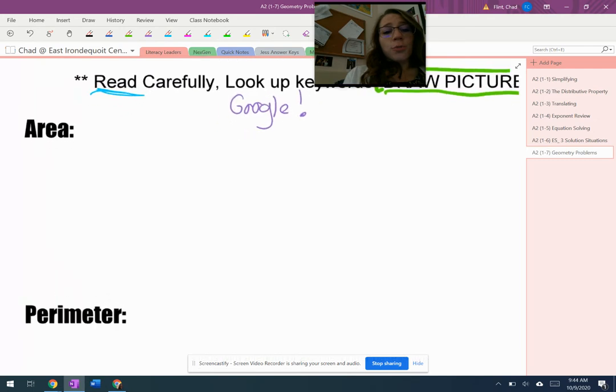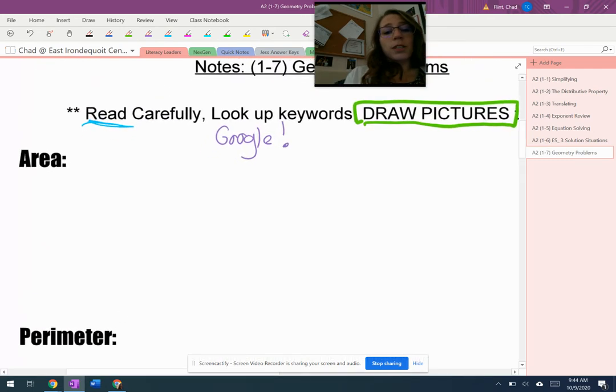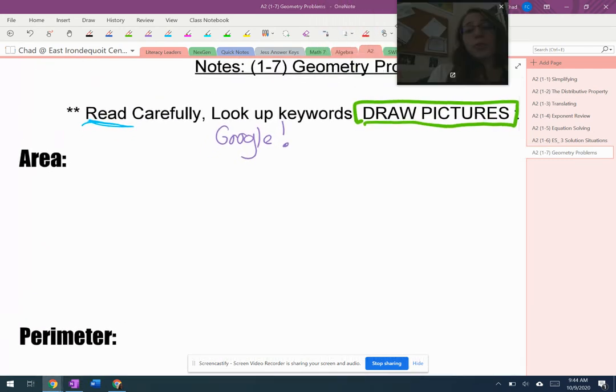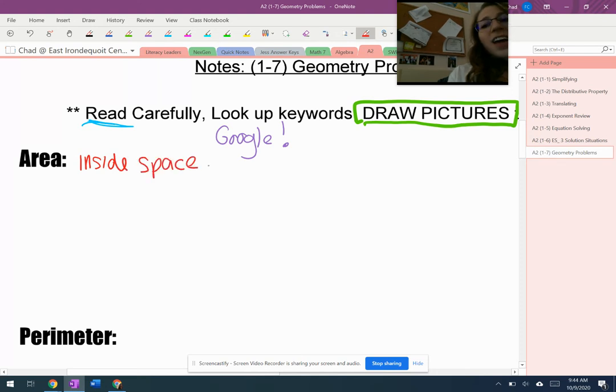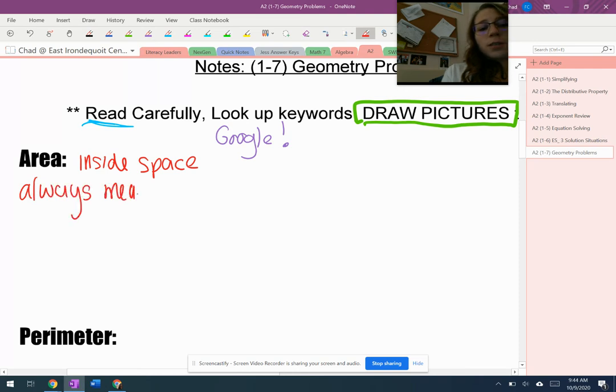All right, so there are two main things we need to think about from previous years of geometry. That would be area. Remember, area is your inside space. And it's always measured in square units.